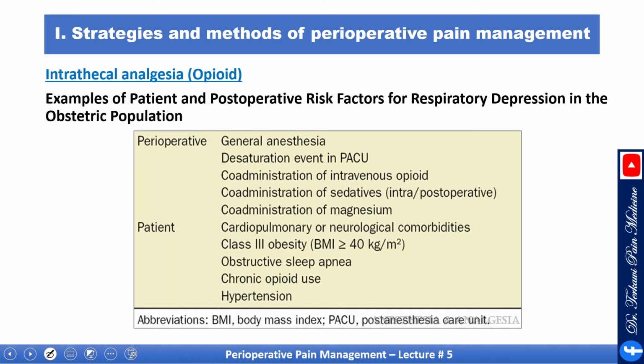Here are examples of patient and postoperative risk factors for respiratory depression in the obstetric population, and you can extrapolate that to the general population.